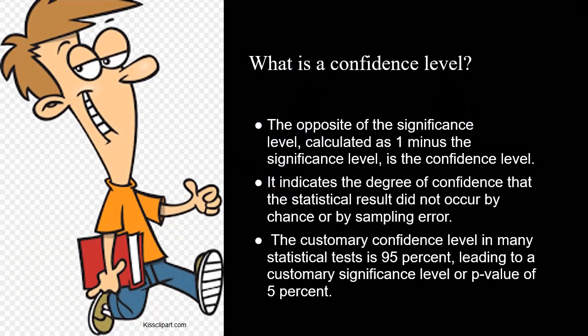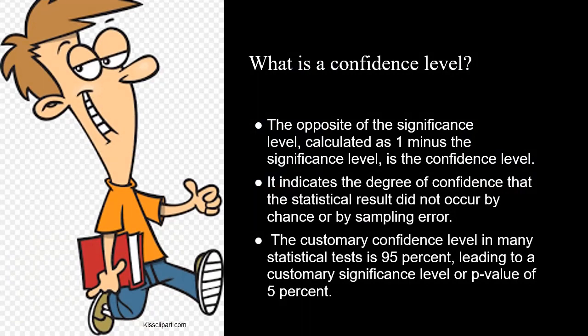Now the opposite of this is the confidence level. That is, you are 95% confident that the relationship is not by chance, or 99% confident that the relationship is not by chance. It is because some real factors are there.